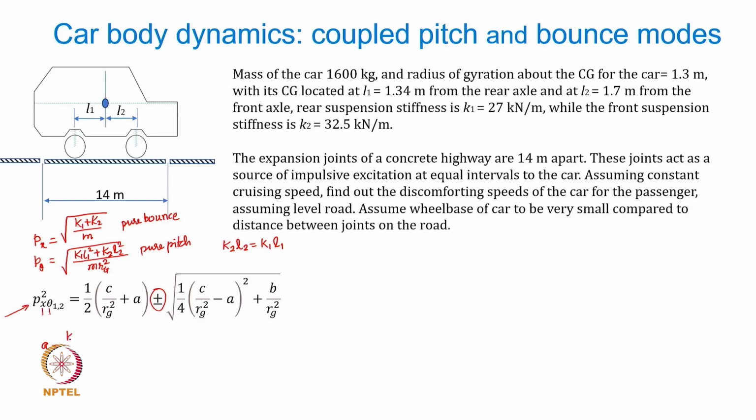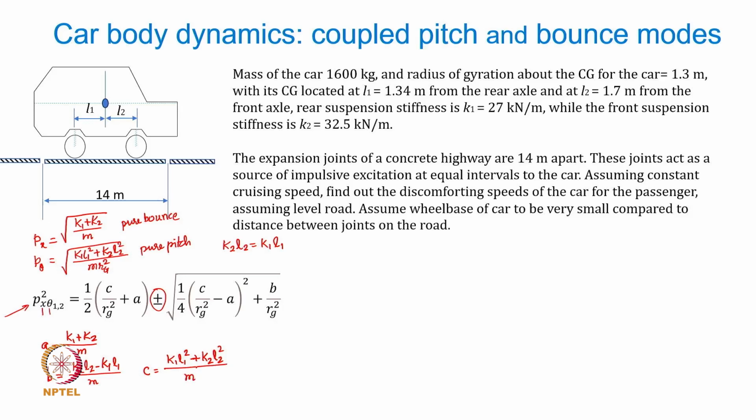A is k1 plus k2 over m, B was defined as k2 L2 minus k1 L1 upon m, and then C was defined as k1 L1 square plus k2 L2 square over m.